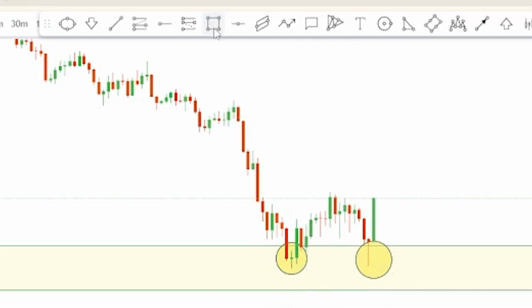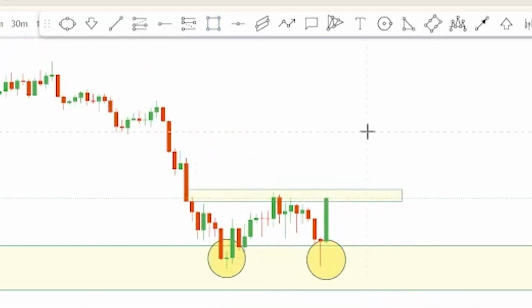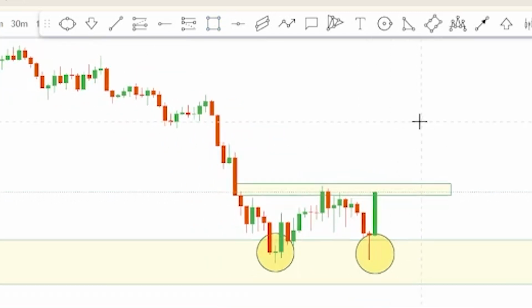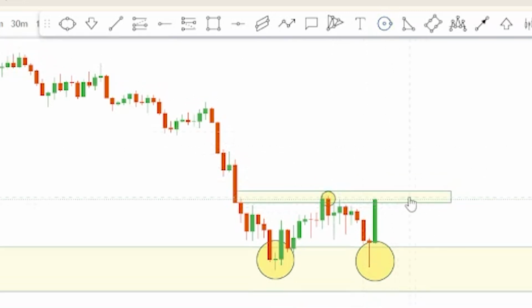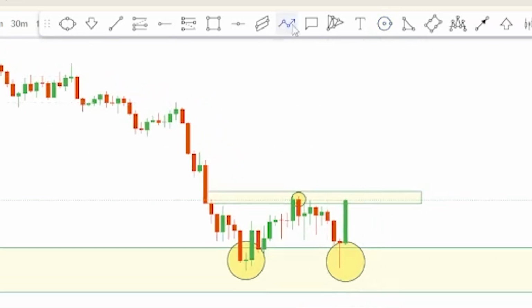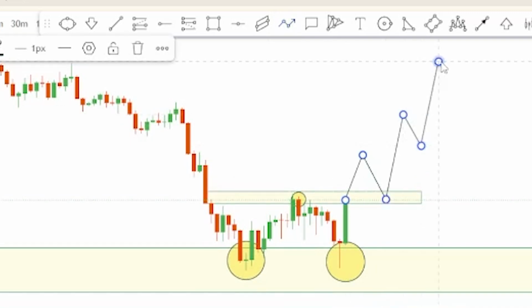So now we also have a neckline. We need to break above the neckline, trading a breakout, but we need the market to pull back and retest our neckline so that we can buy from there, anticipating the market to move up. Resistance turning into support.